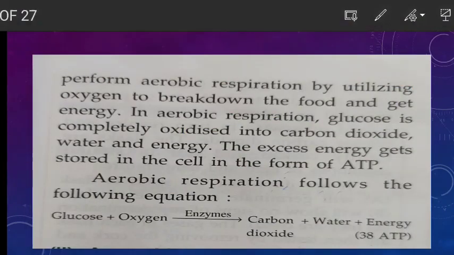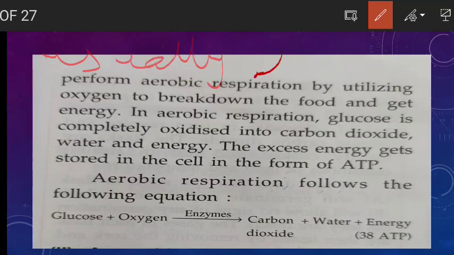All cells throughout life perform aerobic respiration, utilizing oxygen to break down the food and get energy.